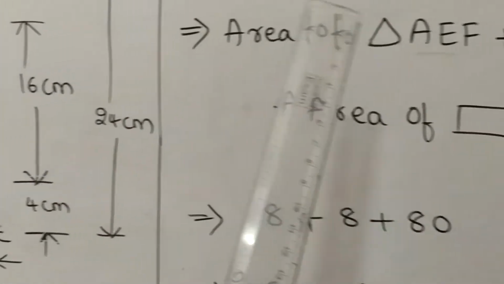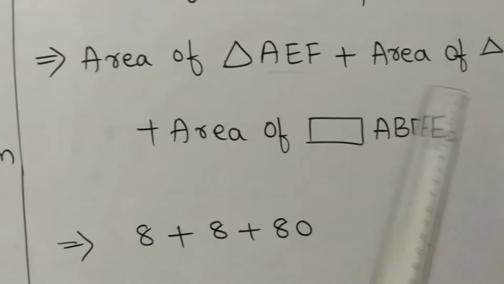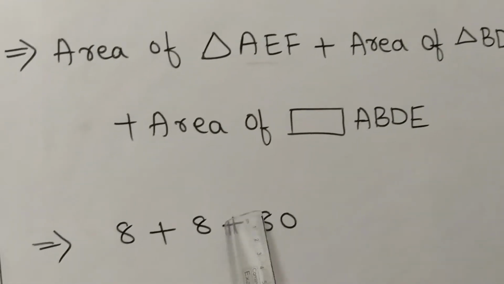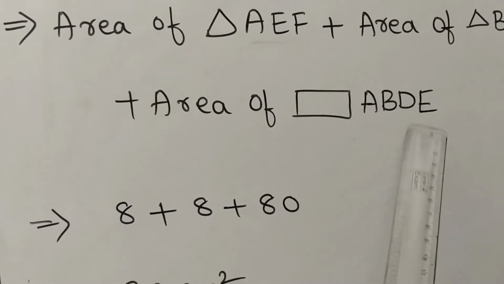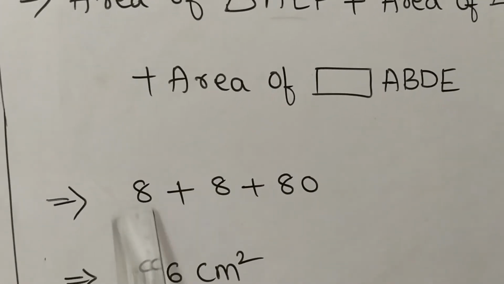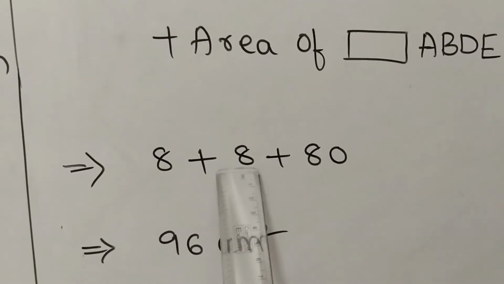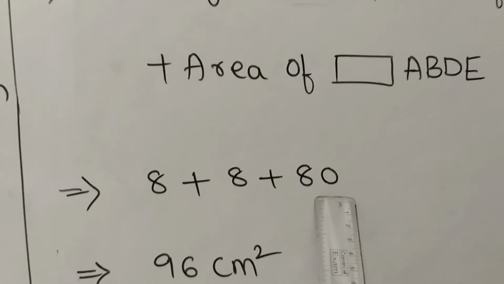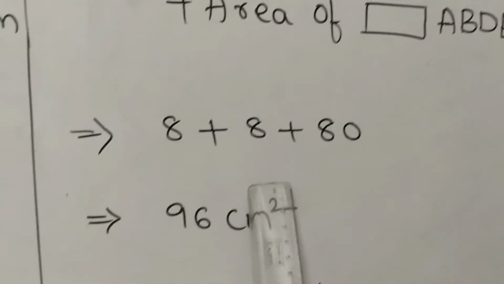Now what is the area of triangle AEF, students? It is 8, plus the area of triangle BDC is also 8, and the area of rectangle ABDE is 80. So add 8 plus 8 plus 80. Now 8 plus 8 is 16 and 16 plus 80 is 96. Hence it is 96 centimeter square.